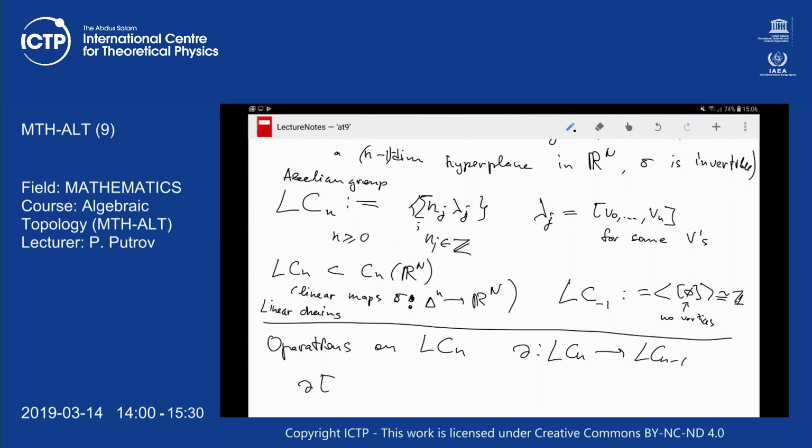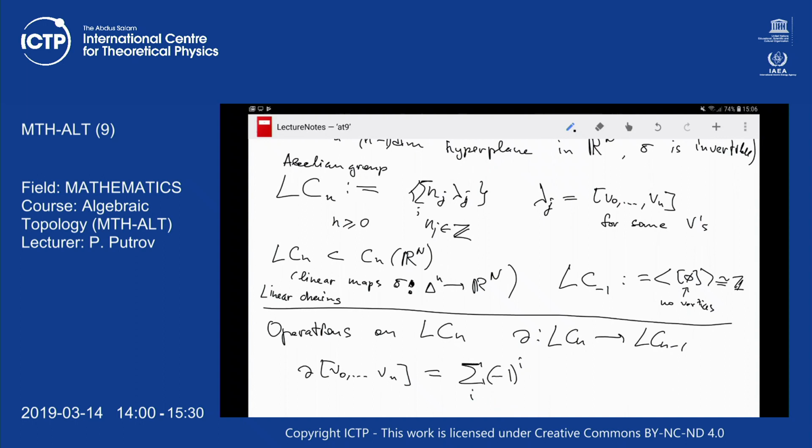So if D acts on some arbitrary generator of this form, we will have a certain formula which you should be familiar with. It will be a sum over i, and the right-hand side will be a linear combination of sequences of elements in Rn, where we remove the i-th vectors.